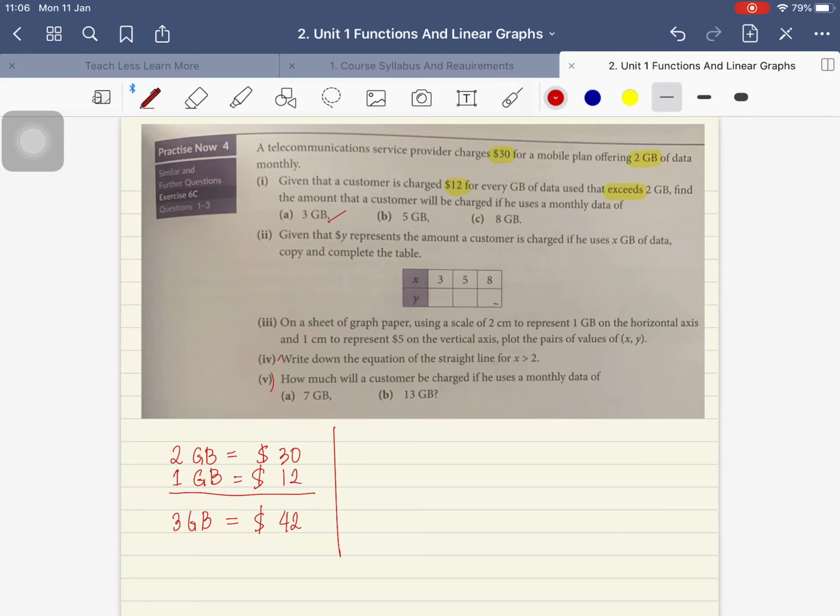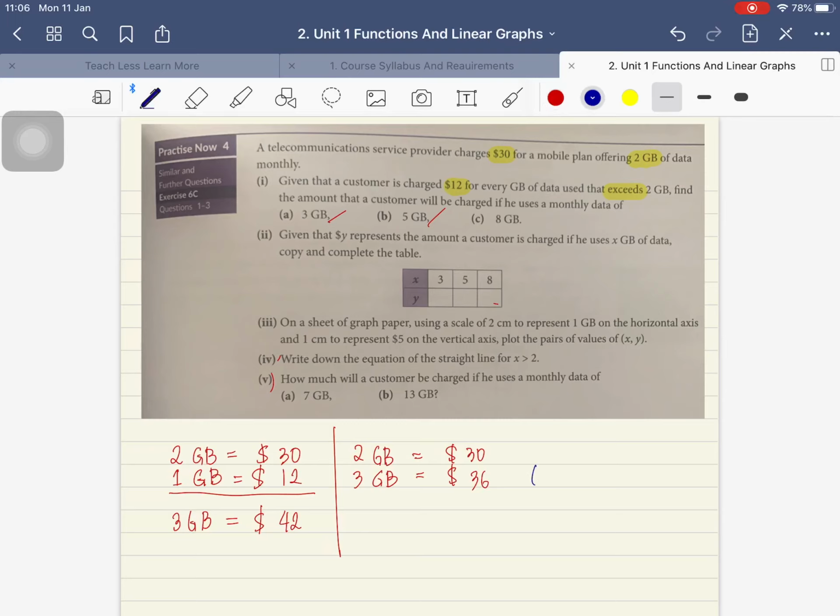Okay, next, 5 gigabytes. So this one is finished. Now we are on 5 gigabytes. So if it's 5 gigabytes, first your original plan 2 gigabytes, so that will be $30, but you used up an extra 3 gigabytes, so that's going to be $36.